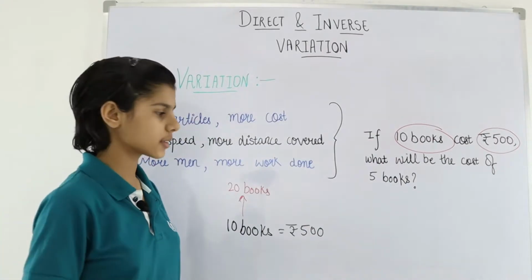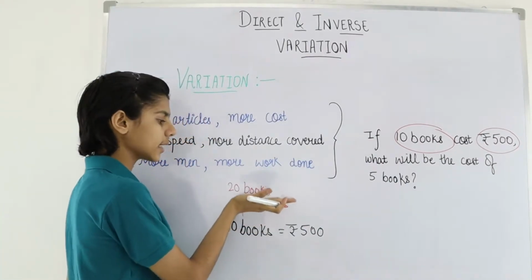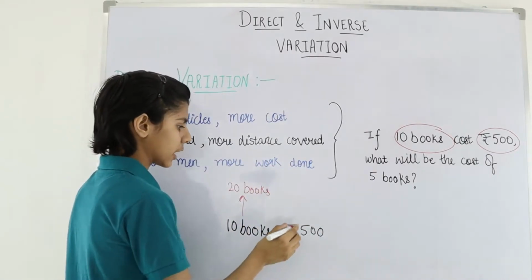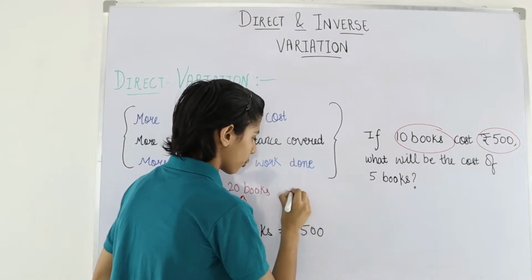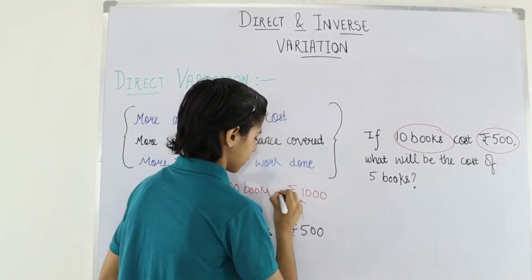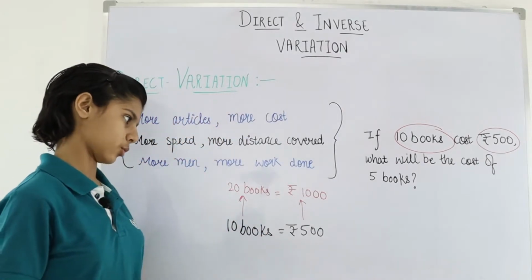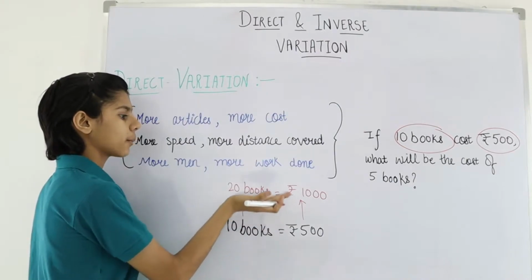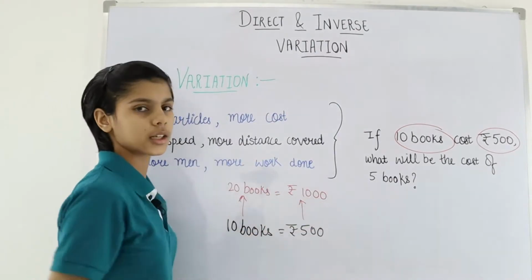It is obvious that if number of books will increase, cost will also increase. So we will write cost will also be increased. It will be the cost of 20 books. So as you have seen here, if I have increased the number of books, cost also increased.